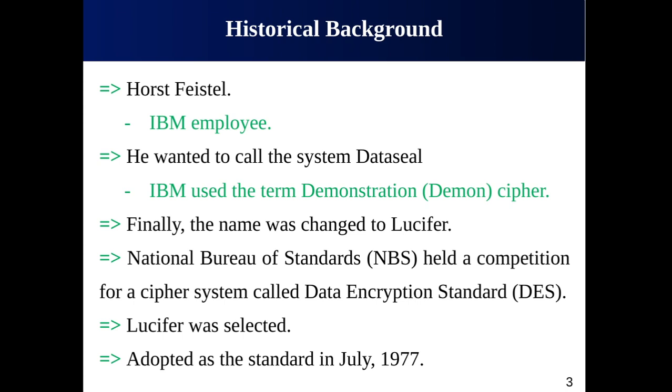As a result, the NBS, along with the NSA, chose an algorithm that was developed by IBM, known as Lucifer. And finally, Lucifer was adopted in 1977 as the standard DES algorithm.